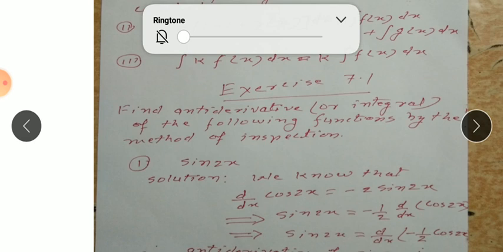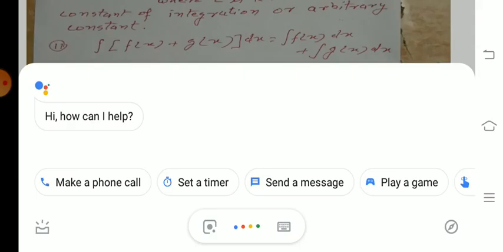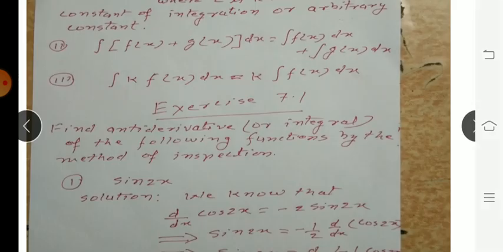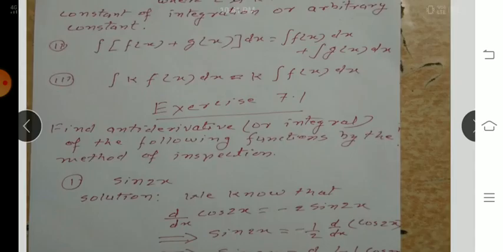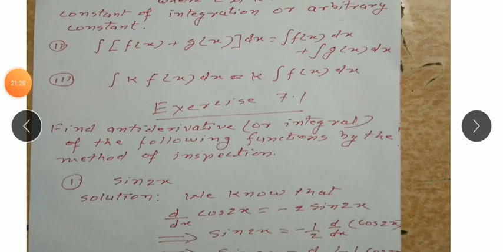We know that inverse of differentiation. Refer sin 2x. We know that d dx of cos 2x is equal to minus 2 sin 2x.